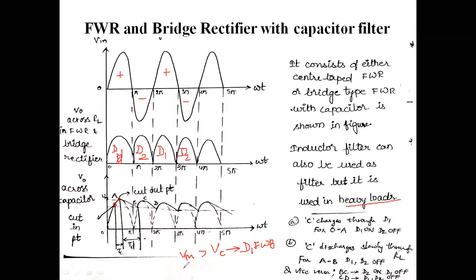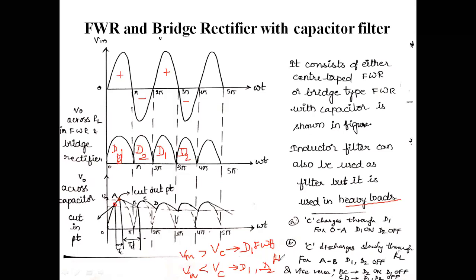If Vin is less than Vc, then diode D1 and diode D2 are both in reverse bias condition, which means the conduction stops here.